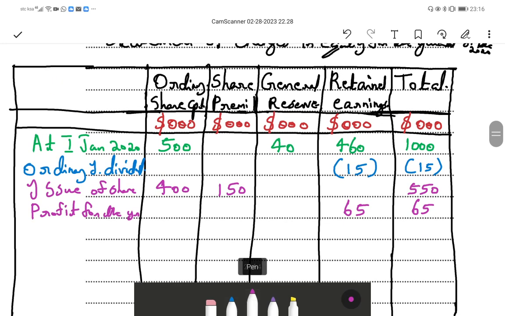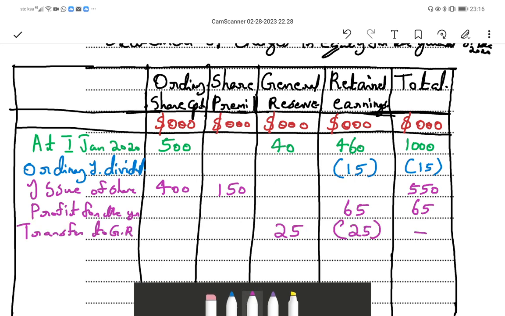So transfer to general reserve 25,000. So we take 25 from retained earning and add to general reserve. So our total column will be 0.